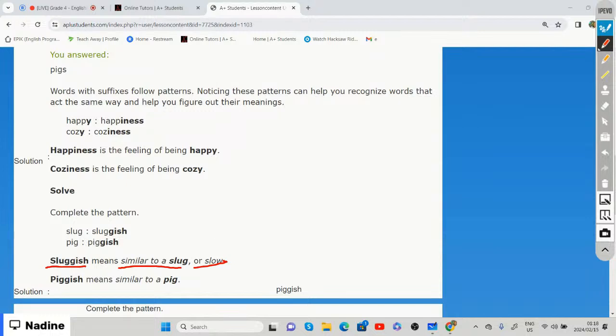So sluggish means slug or slow. And then we have piggish, which is basically similar to pig.